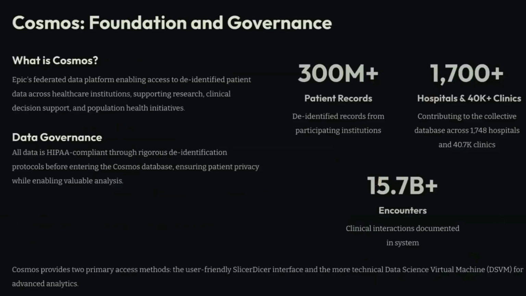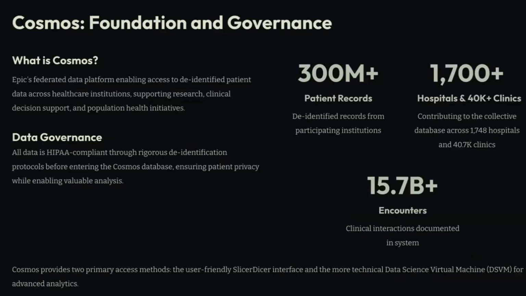In case anyone has no idea what Cosmos is, I figured we'd start with the basics. Cosmos is Epic's federated data platform providing access to de-identified patient data with the idea to foster collaborative research. All the data within it is HIPAA compliant and de-identified, ensuring patient privacy.